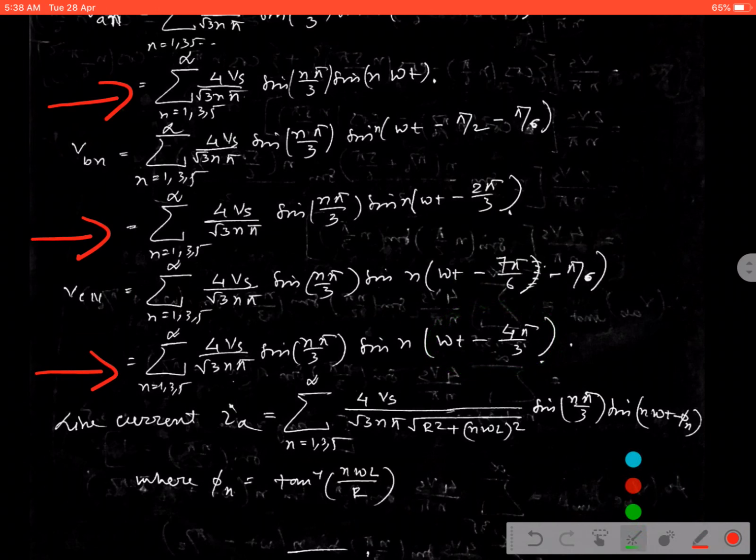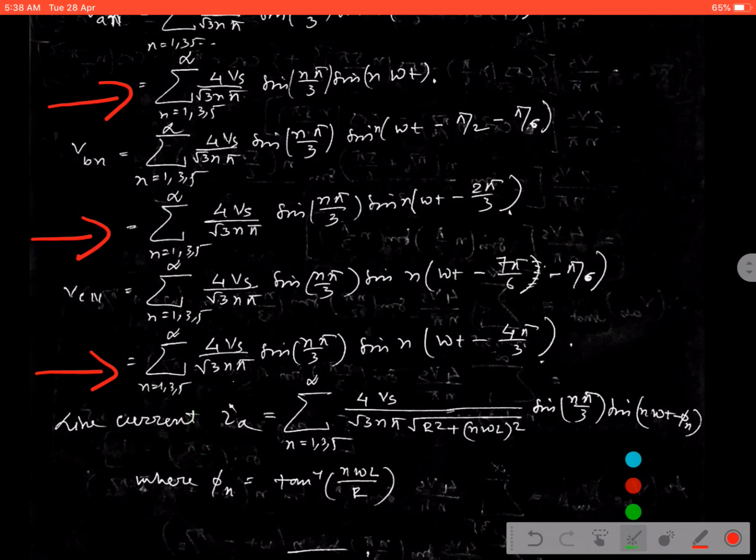Okay, now calculate the line current. Line current IA should be equal to voltage by impedance. If we are adding an RL load, impedance Z is equal to root over of R squared plus omega L whole squared.